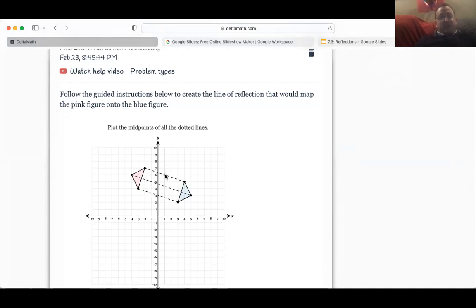Then it asks you to look at the midpoints, or the halfway points, of the dotted lines. The halfway point of this dotted line is right there. The halfway point of this dotted line is about right there. And the halfway point of this bottom dotted line is right on the y-axis. And it says draw a line through all those points.